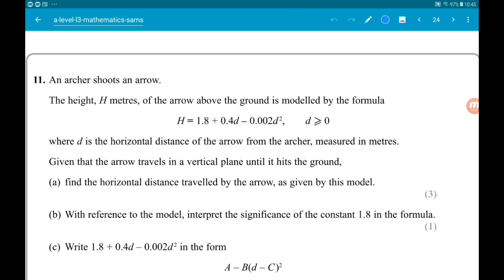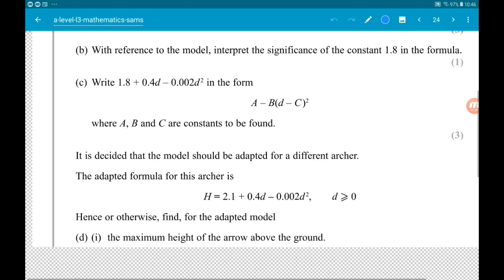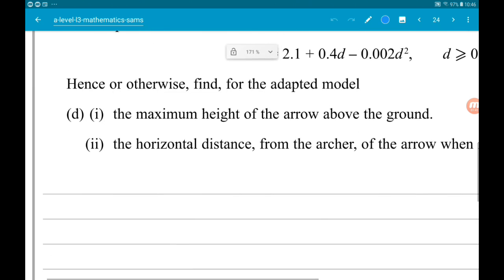Now remember, it's not going to start on the ground, it's going to start being held by the archer. So that's actually the value of the 1.8. That's the initial height of the arrow. So, for part A then, we want to find d when h is 0.